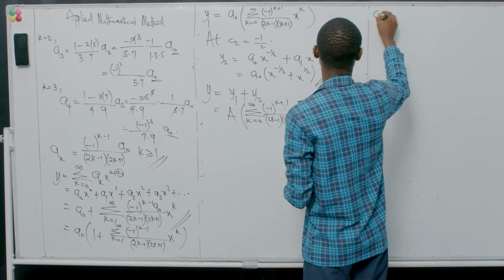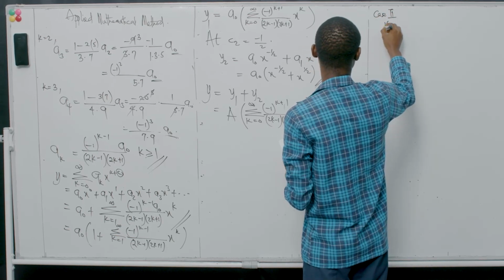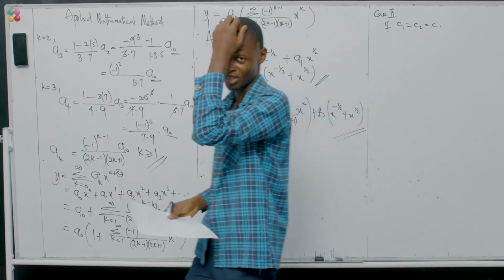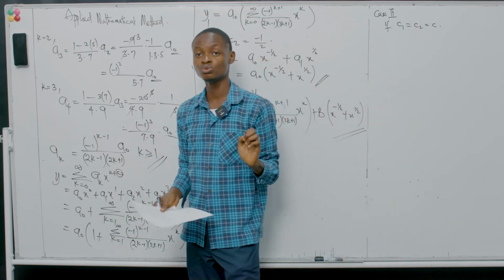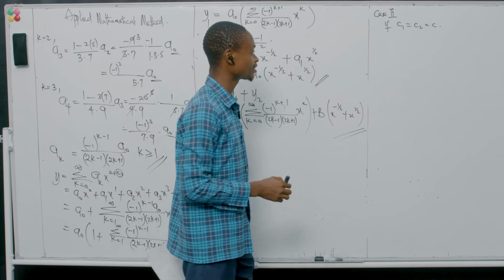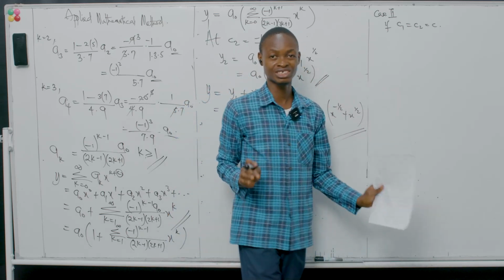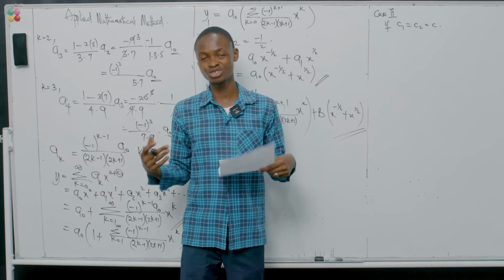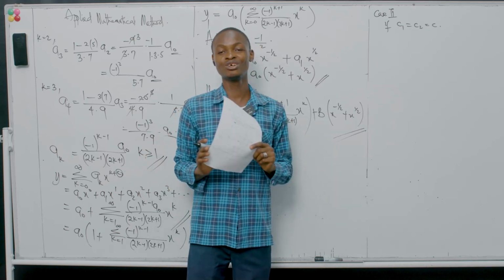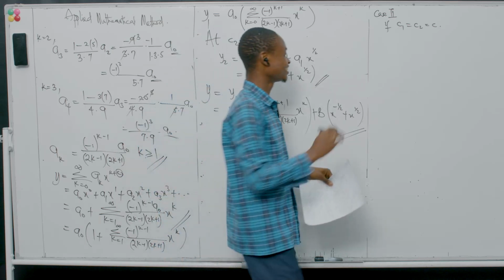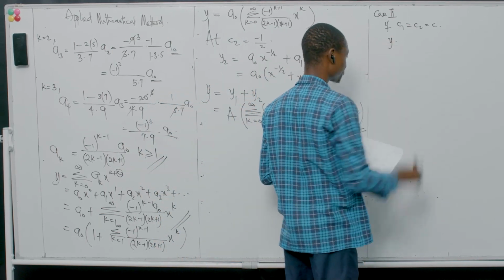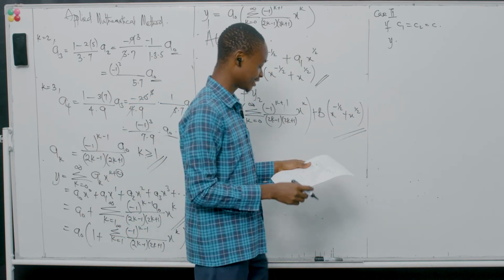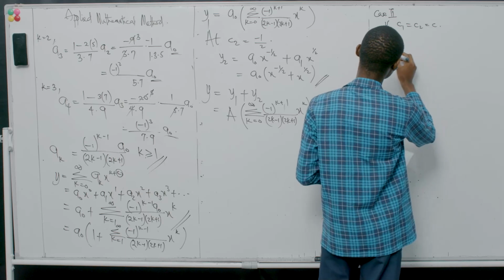So case 2 now. What's case 2? That is if C1 is equal to C2. So we have equal roots. So how do we solve them? When we have equal roots, what we do essentially is that we will evaluate the Frobenius series at C, which is obviously just the one C. We evaluate the Frobenius series at that one C. And then when we have gotten that Frobenius series, what we will now do essentially is differentiate it.